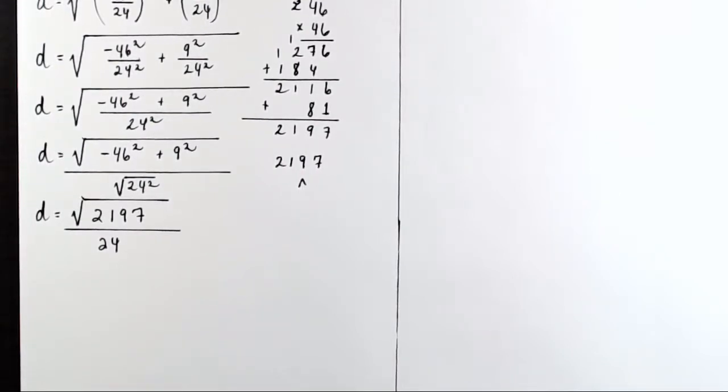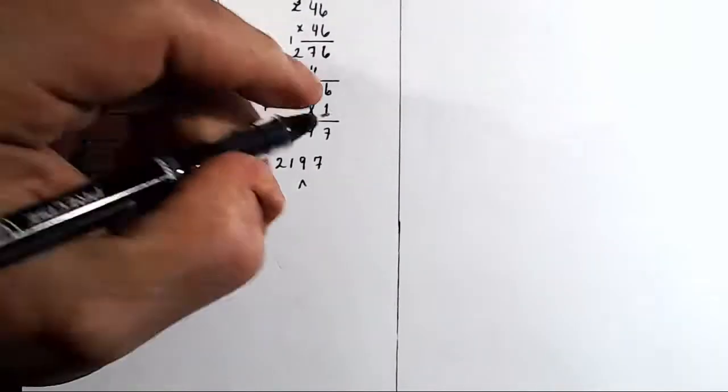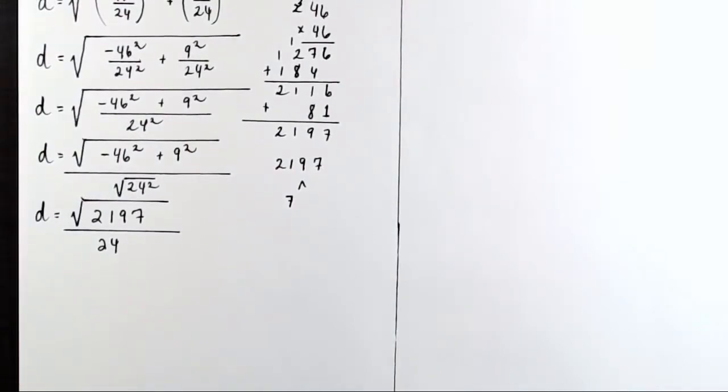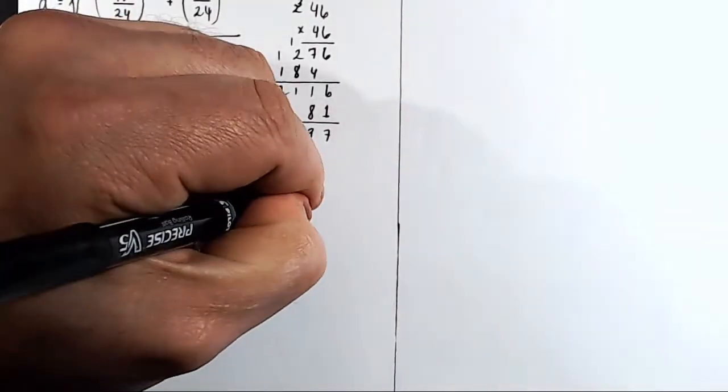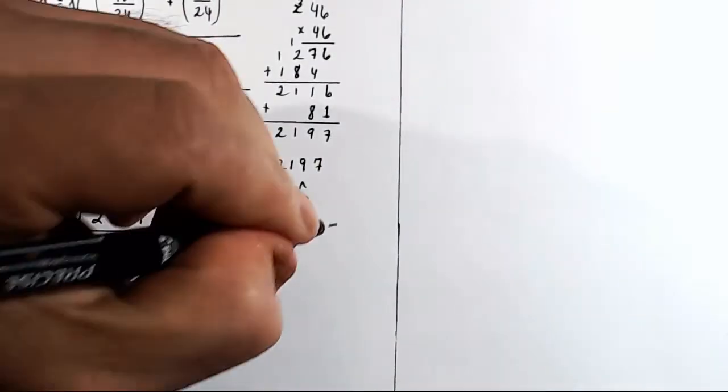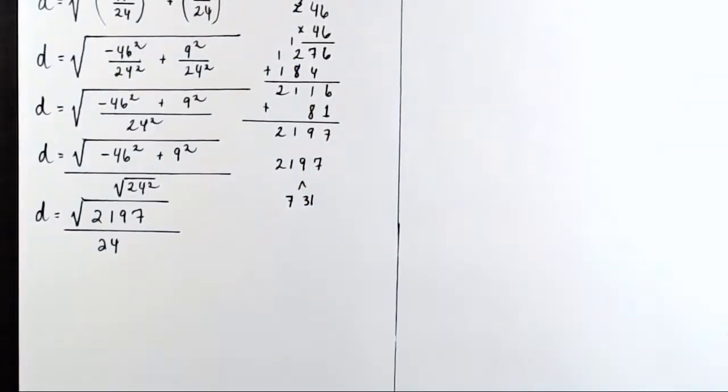Let's see, 2 plus 1 is 3, plus 9 is 12, plus 7 is 19. So it's not divisible by 3. Let's jump up to 7. Let's see if that works. 7 goes into 21 3 times. 7 goes into 9 once, carry the 2. 7 goes into 27?